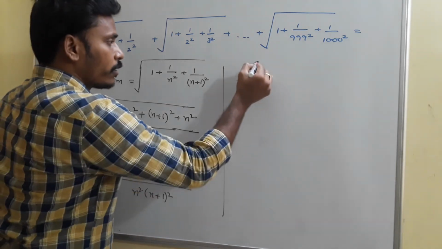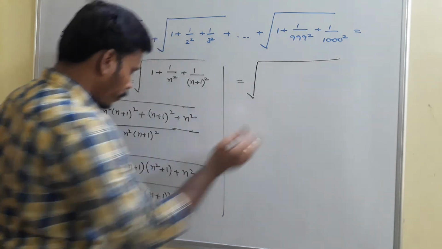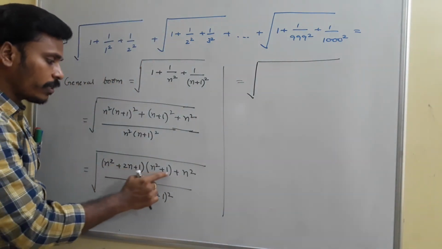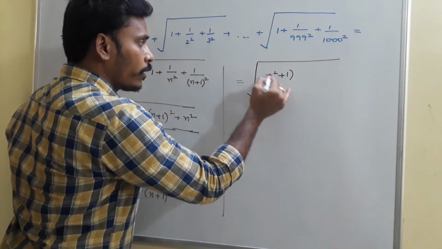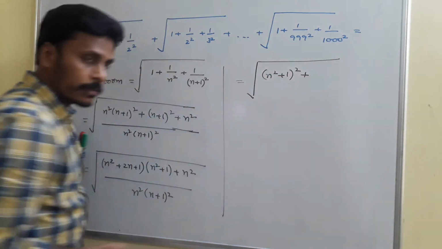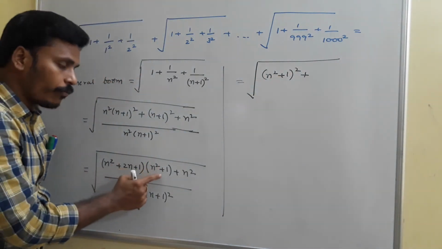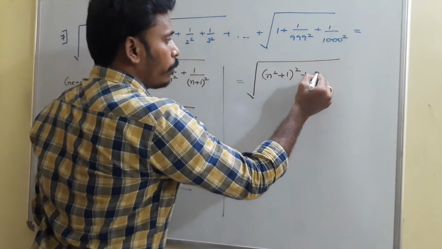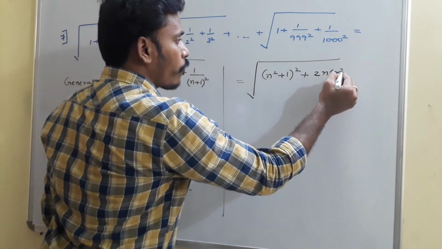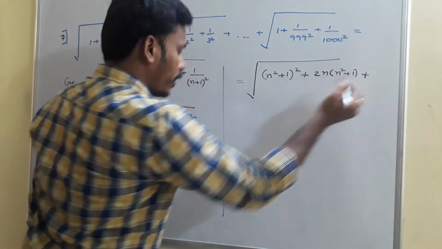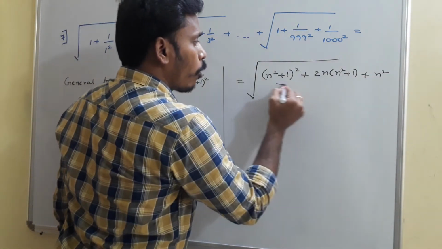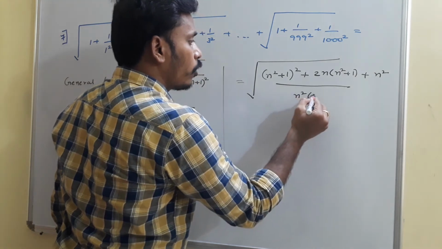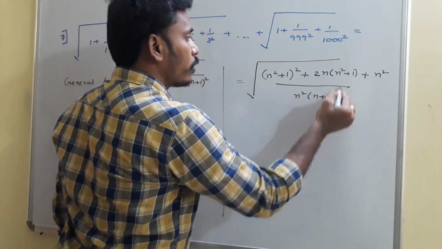Just look there. This is equal to square root of n square plus 1 with this n square plus 1 will become n square plus 1 whole square, plus this 2n with this n square plus 1 will become 2n times n square plus 1, plus here what I have, n square. In the denominator, n square into n plus 1 whole square.